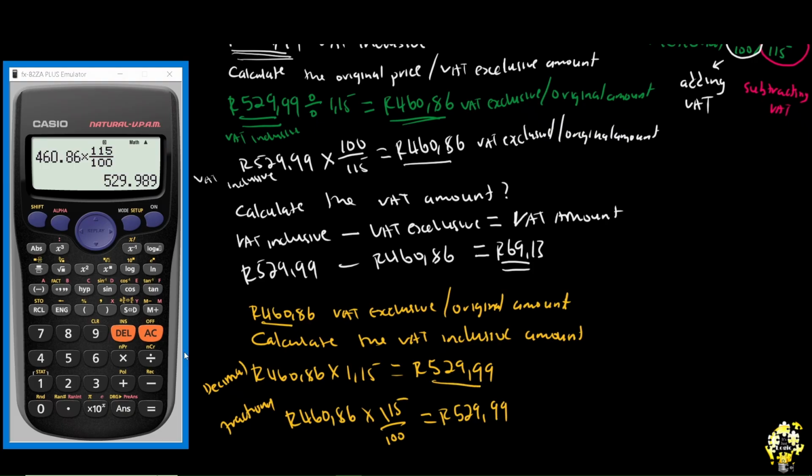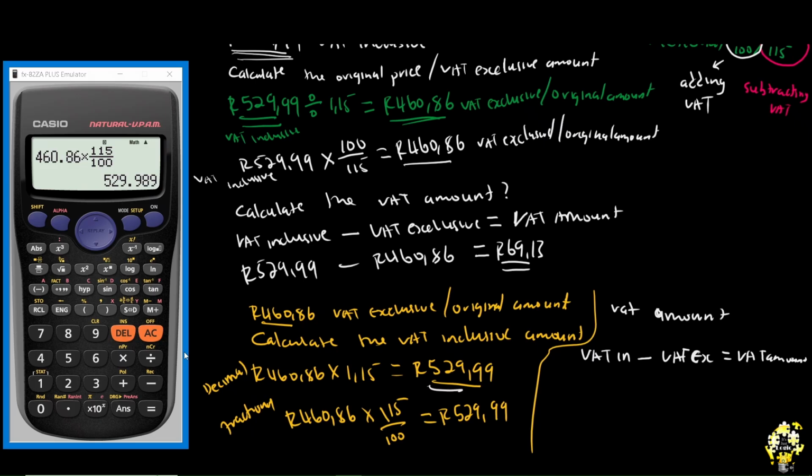Another question would be, let's say, calculate the VAT amount. What are we supposed to do? Again, I said we can use a simple formula. You take the VAT inclusive, you subtract the VAT exclusive, and you will remain with the VAT amount. What's our VAT inclusive?